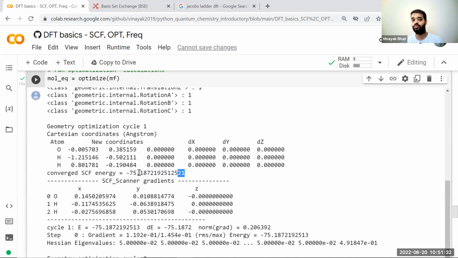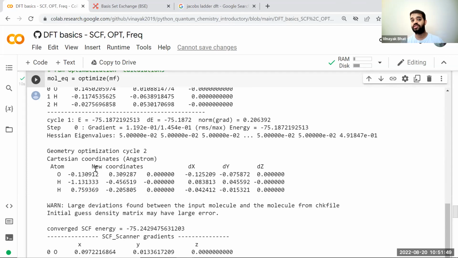So this was the inner loop, which gave you converged energy. From this energy, now you calculate the gradients, or the forces, in each direction for those atoms. And now what you want to do is minimize these forces. So you move the atoms a little, and then you get new coordinates in cycle 2.